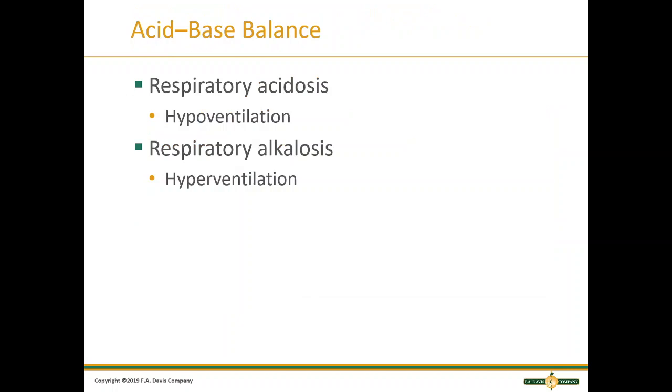Acid-base balance. This is very important for you to understand. This goes into understanding how to interpret arterial blood gases. I'm trying to see where in the chapter it goes.